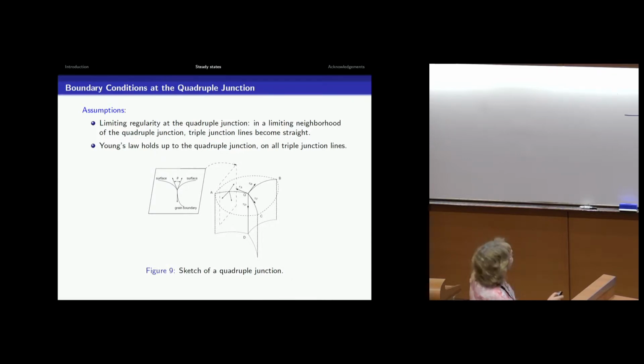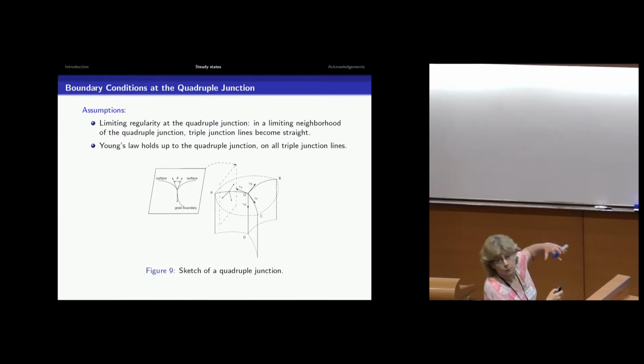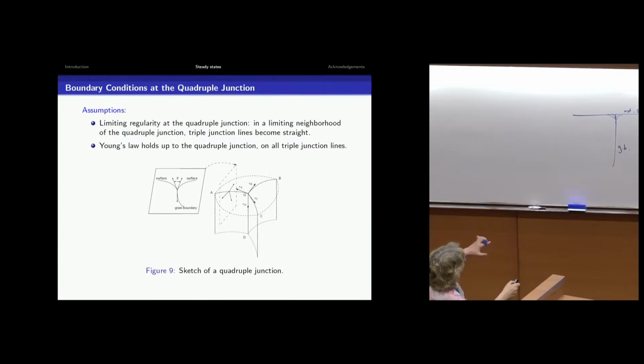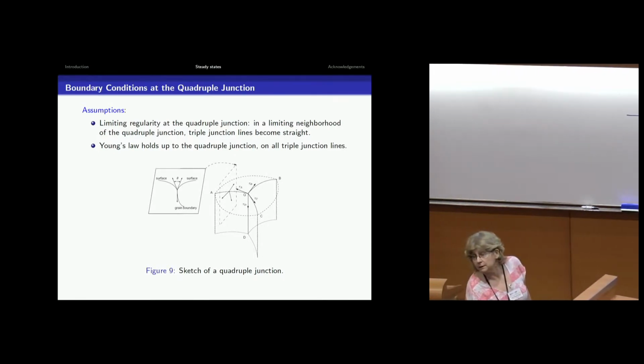In the limit, they could come in cusp, but we're looking at coming in straight. And you get these different tangents to the quadruple junction. The tangents are along the different triple junction lines.